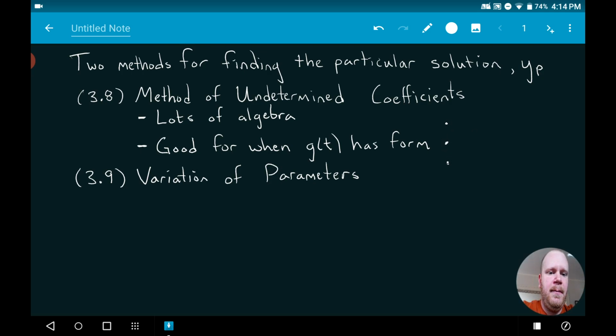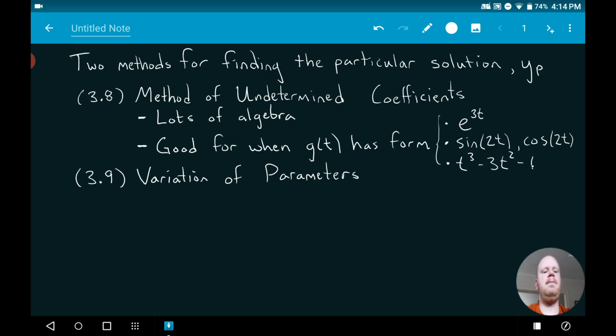So when it's either got some kind of exponential term, or either a sine, and I'm just going to put a 2 out in front here, just to say we can put some numbers out in front, or if it's some kind of polynomial. So if it's some combination of those three things, then we can use the method of undetermined coefficients.